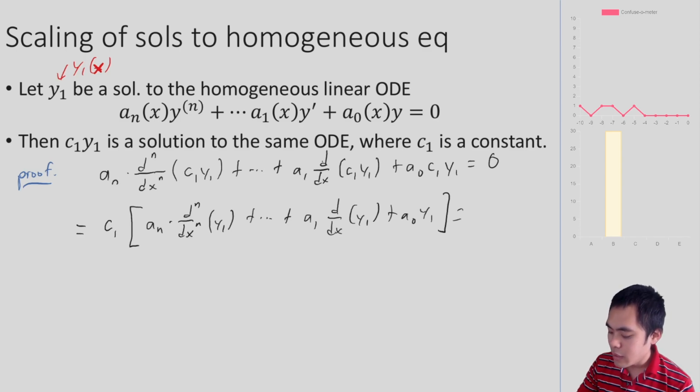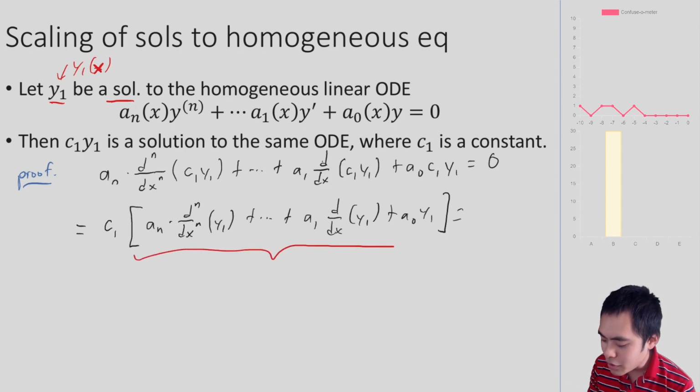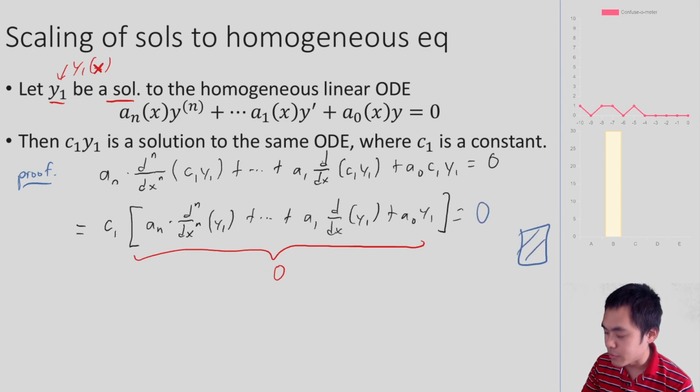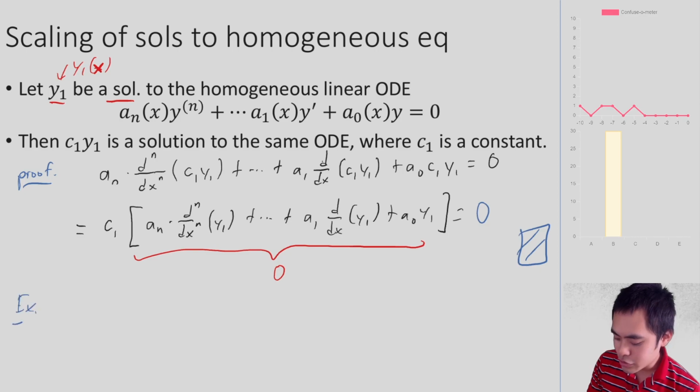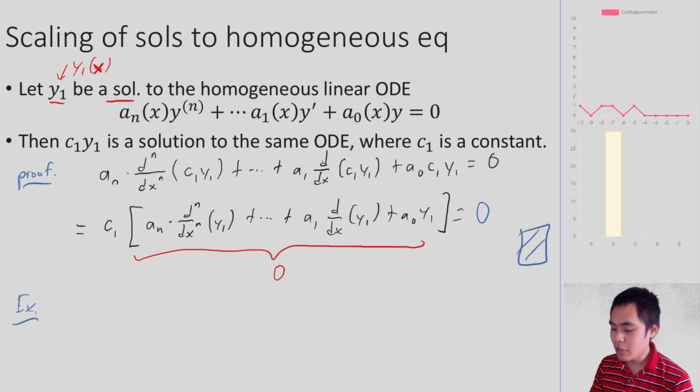Now note that y1 is a solution, and so since it solves this problem, this entire thing is equal to 0, and therefore this is equal to 0. And that ends the proof. Okay? Let me give an example of this, and if you still have questions about this, I can go into a bit more detail.